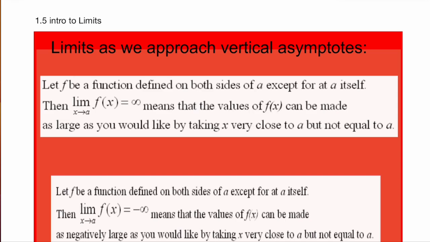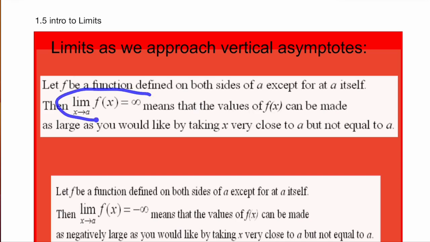Okay, so yesterday we started talking about what a limit was. We started talking about that notation. And so all of this slide talks about some slight new notation, but we had actually used some of this notation last year.